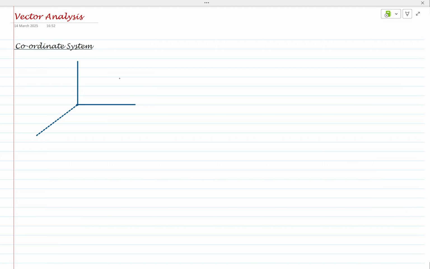Inside this three-dimensional plane, let us consider there is a point P. And also consider, let this be the x coordinate, this be the y coordinate, and this be the z coordinate.